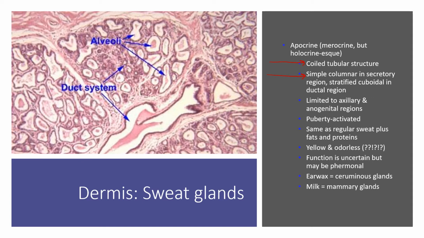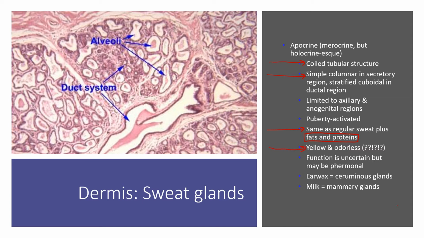The cellular arrangement is similar, and it has the same composition as regular sweat glands, but it also has extra fats and proteins. It's thought that this has a pheromonal reasoning to it. The reason that we have these special separate glands that turn on at puberty is pheromonal, like subconscious smell, mate-attracting kinds of compounds, but we don't really know. It's uncertain.